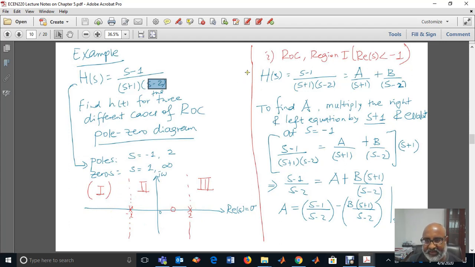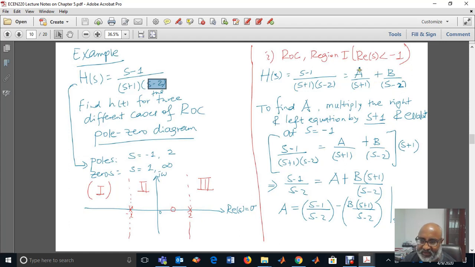Okay, the first case, let's say region of convergence is less than minus 1. But h of s depends on the two possibilities because, as you see by partial fraction, s minus 1 over s plus 1 and s minus 2 is equal to a over s plus 1 plus b over s minus 2.